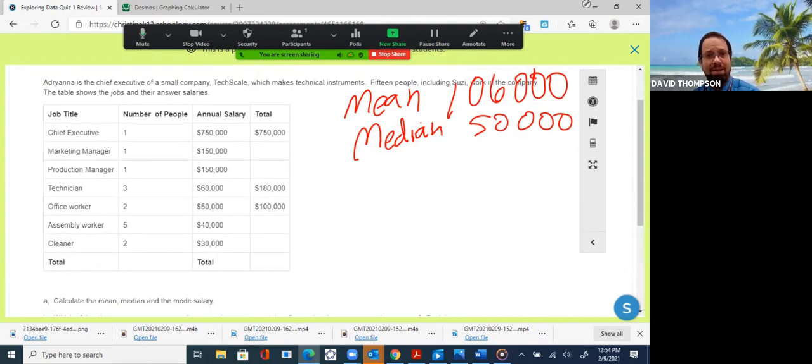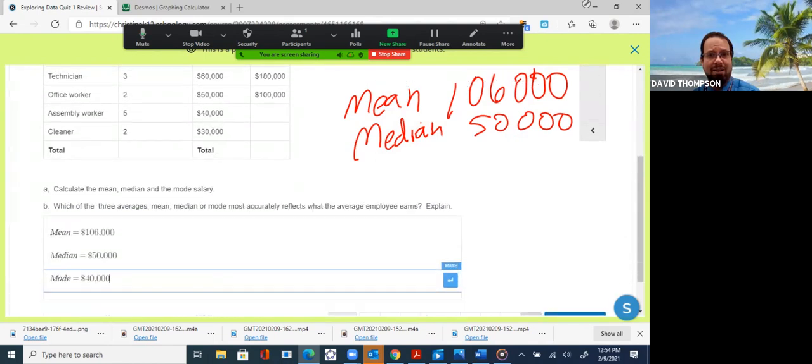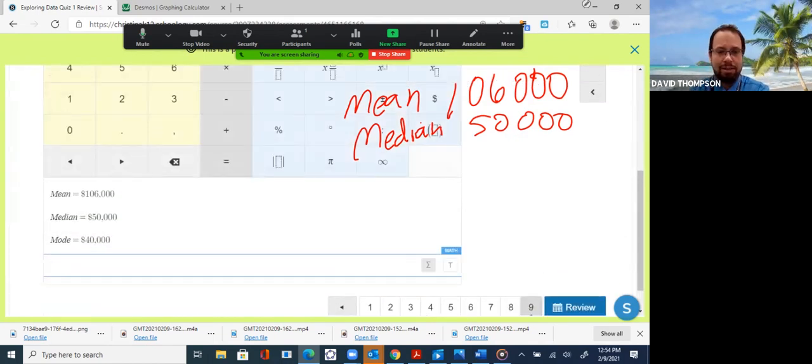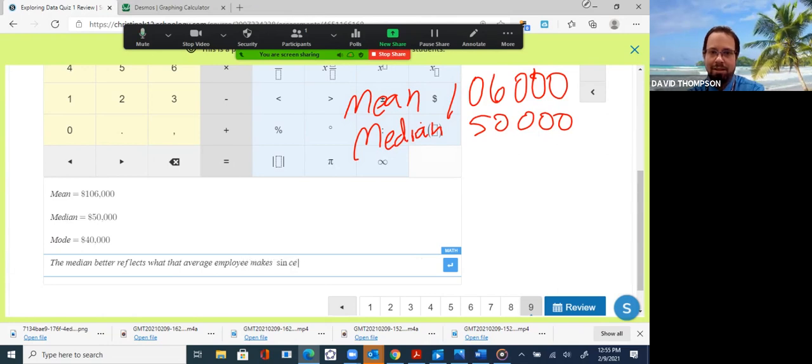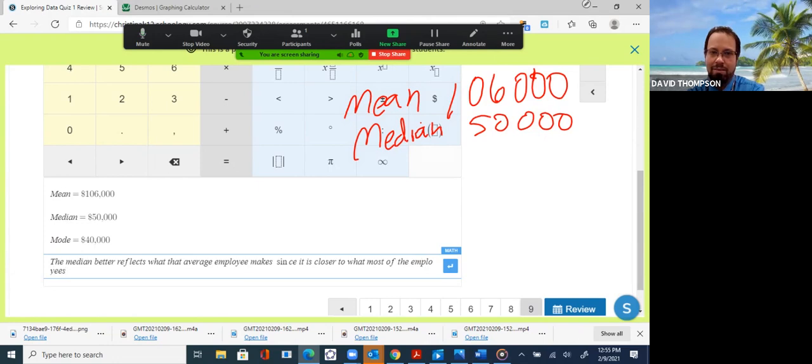There's several people making far less than $106,000. So what we would say is the median better reflects what the average employee makes, since it is closer to what most of the employees make. And we are done this review.